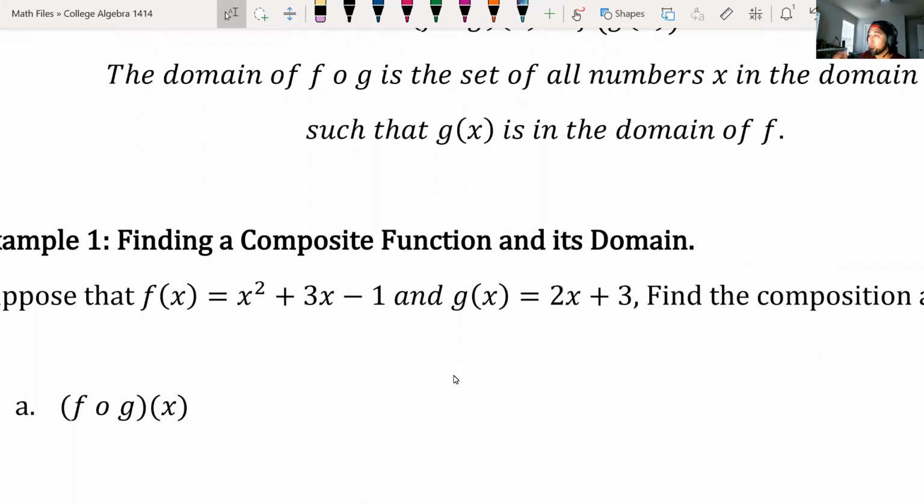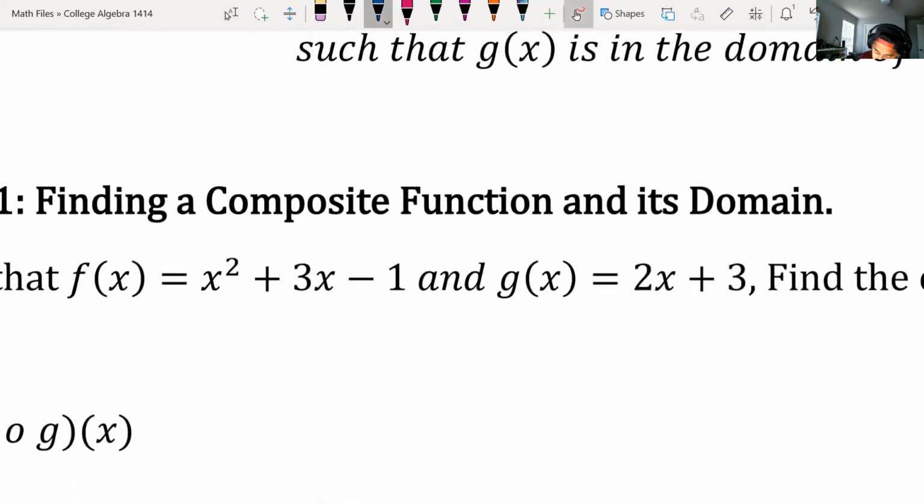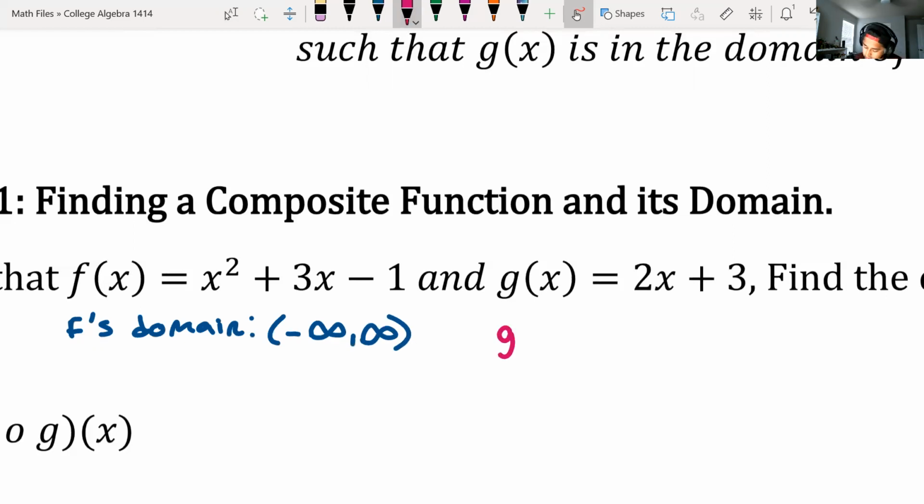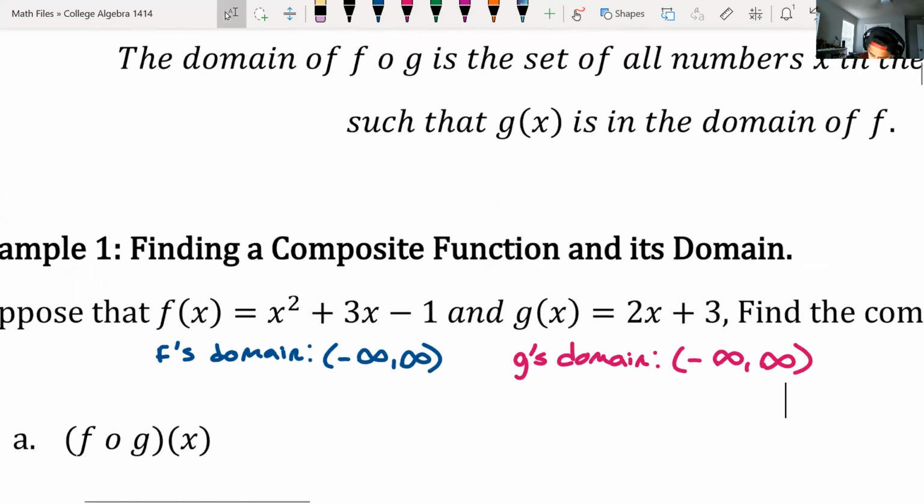What is the domain of all polynomials? All real numbers. Good. So f's domain is negative infinity to infinity, and g's domain is also the same, negative infinity to infinity. It's always good to find the domains first.